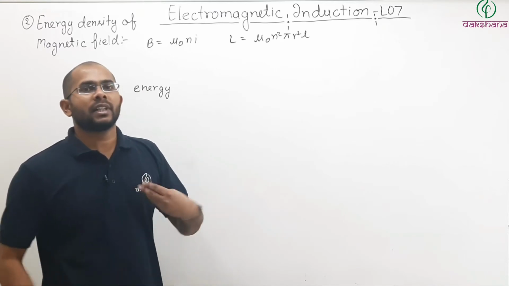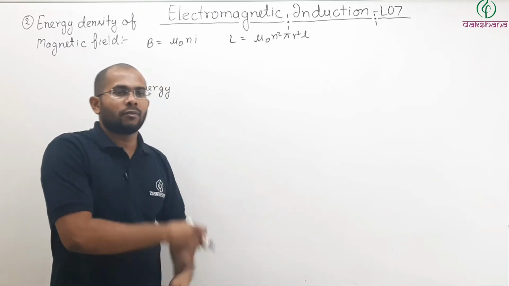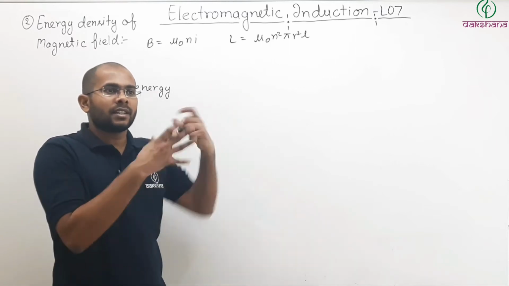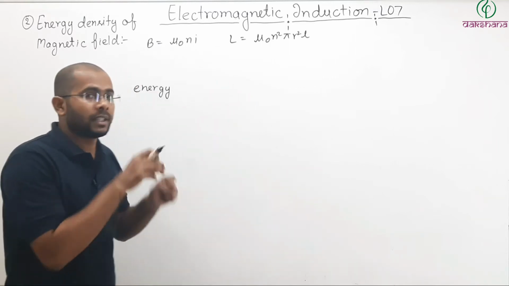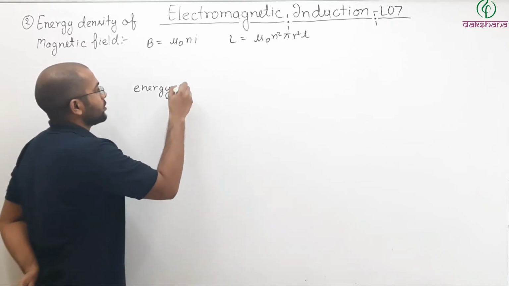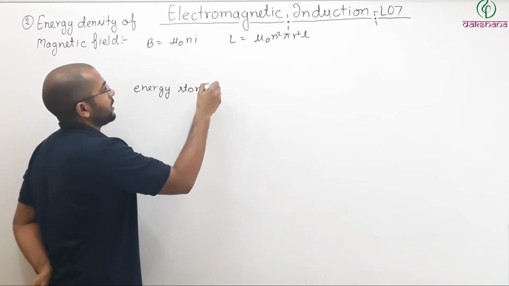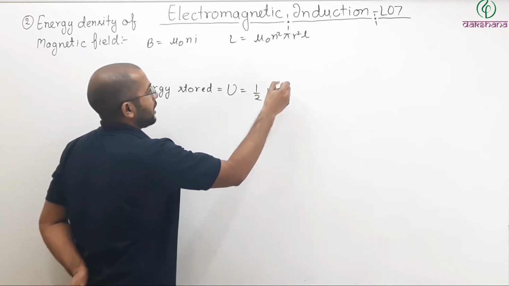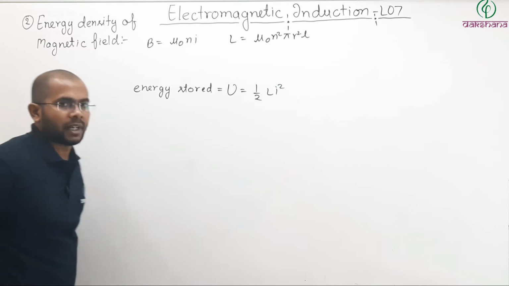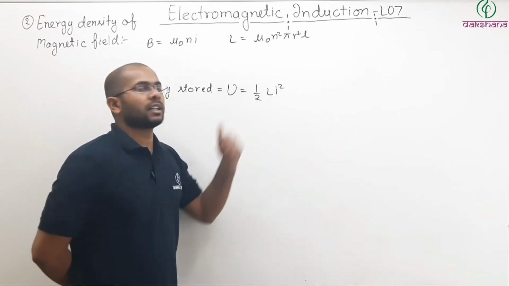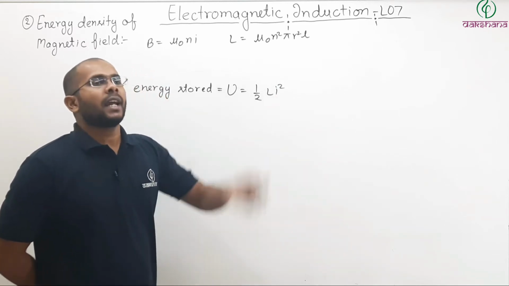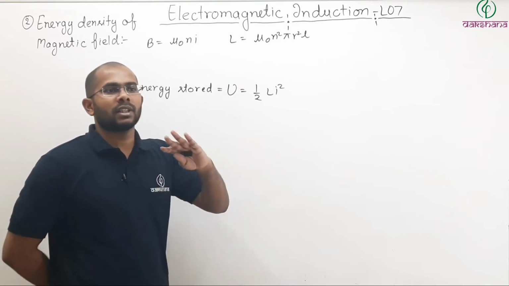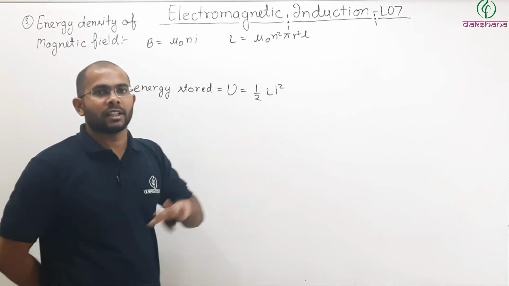Electric field and magnetic field are nothing but a form of energy. So whenever there is a magnetic field created by the solenoid, it means there is energy stored in that magnetic field. We have already derived that the energy stored U is equal to half L I square, where L is the self-inductance and I is the current flowing through the solenoid at a given time. Remember, if current changes, the energy stored in the magnetic field or in the solenoid changes.